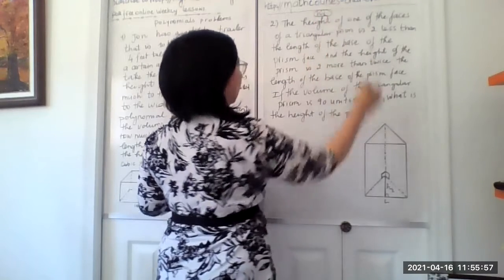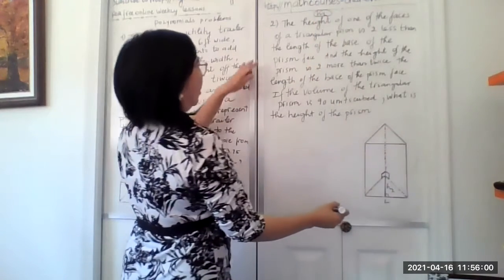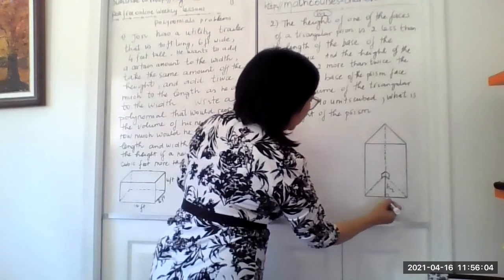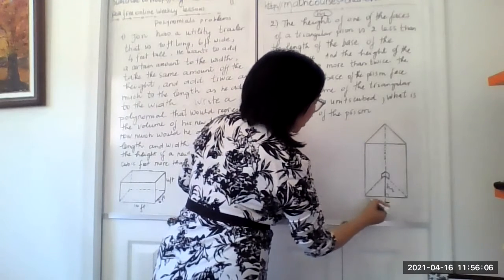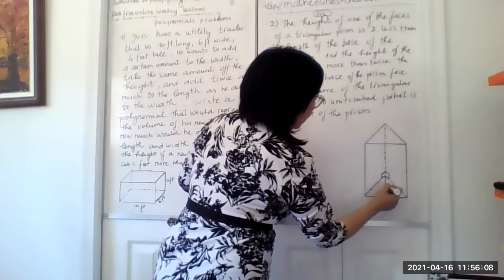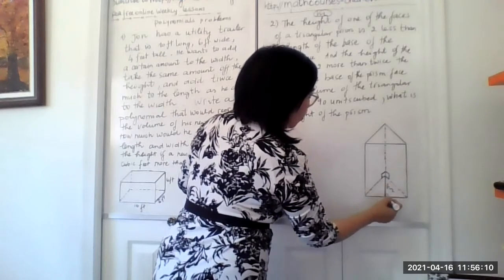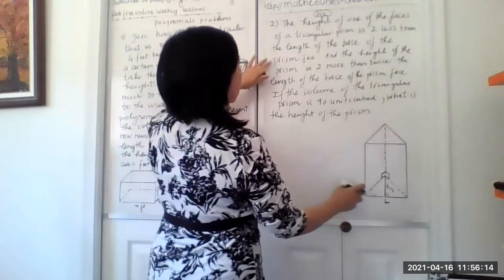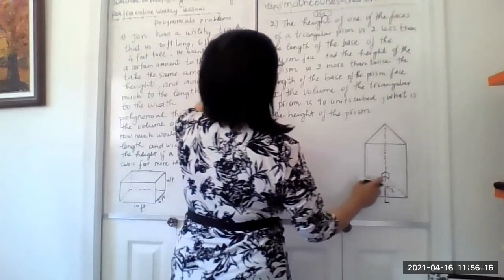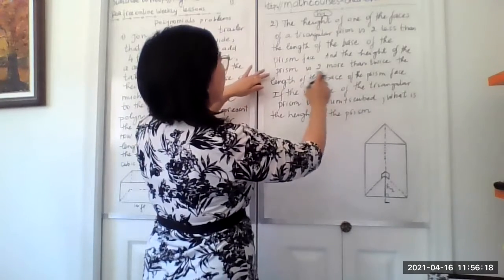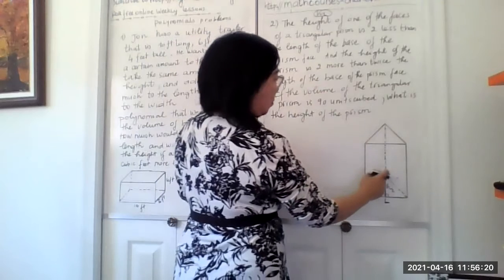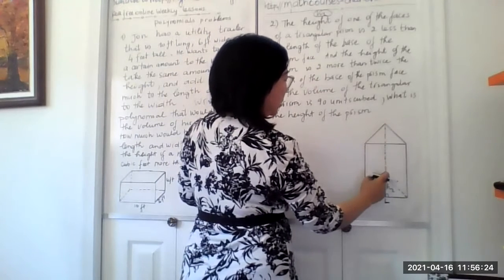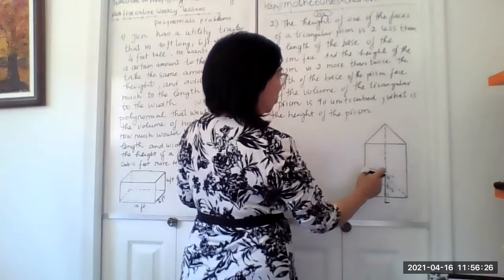Height 1 here is 2 less than the length of the base. So we have the length of the base from here to here, and we know that height 1 is 2 less than the length of the base of the prism face. And the height of the prism, the dotted line all the way from here to here, is the height of the prism.